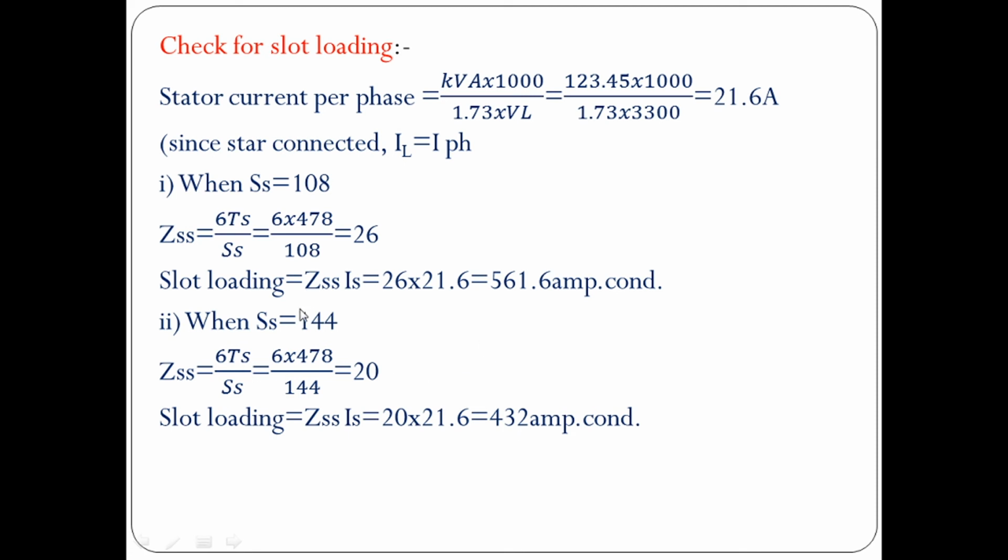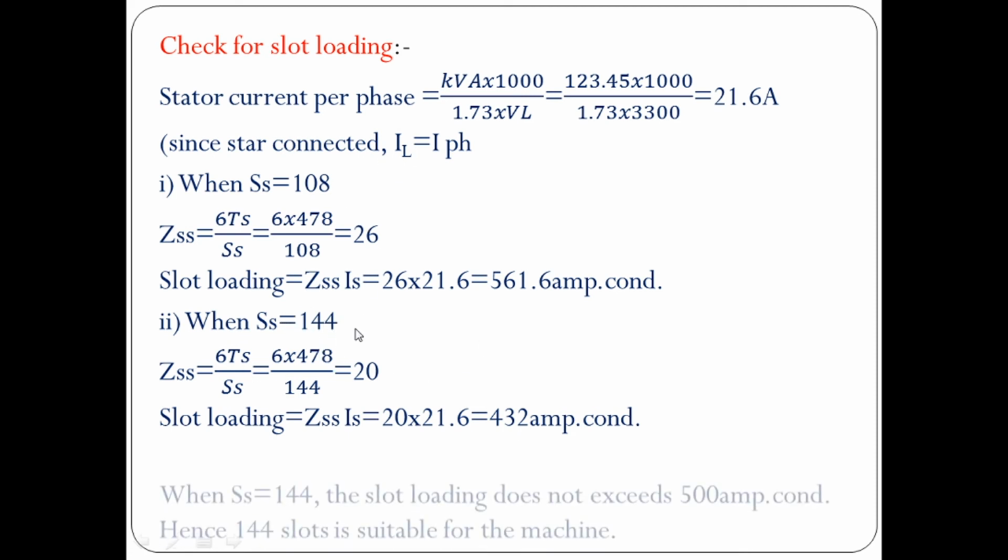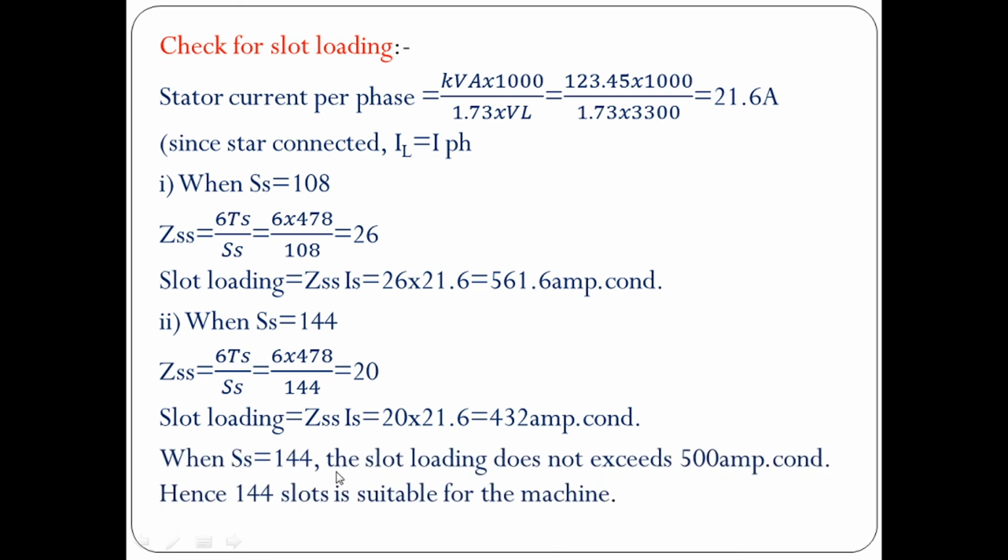Therefore, we can choose the number of stator slots as 144 instead of 108. When SS is equal to 144, the slot loading does not exceed 500 ampere conductors. Hence 144 slots is suitable for the machine.